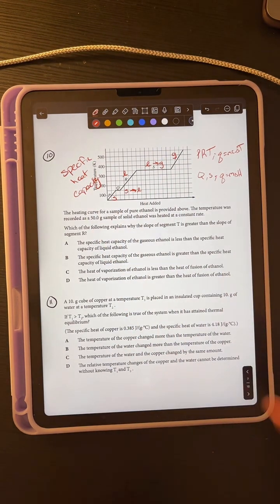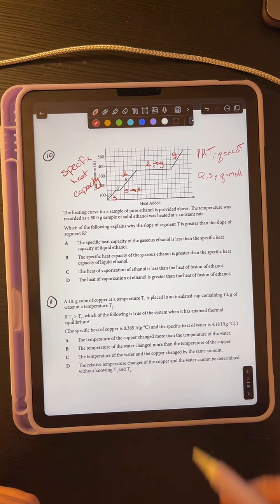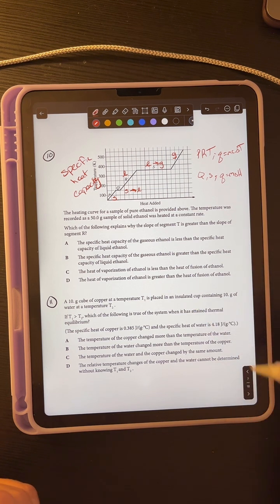Low heat capacity means it's going to absorb heat and change temperature quickly, versus high heat capacity means it's going to absorb heat and change temperature slowly because it can absorb more heat.